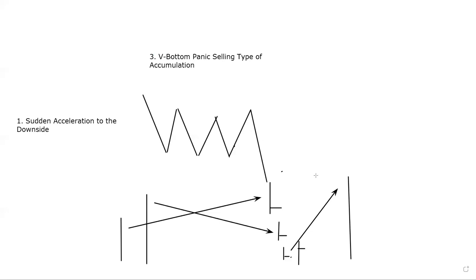Sometimes it is possible to draw a straight line here and mark this as oversold, and then the price will straight away shoot up. This is what happened in the last Friday session, remember? The GBP USD session.